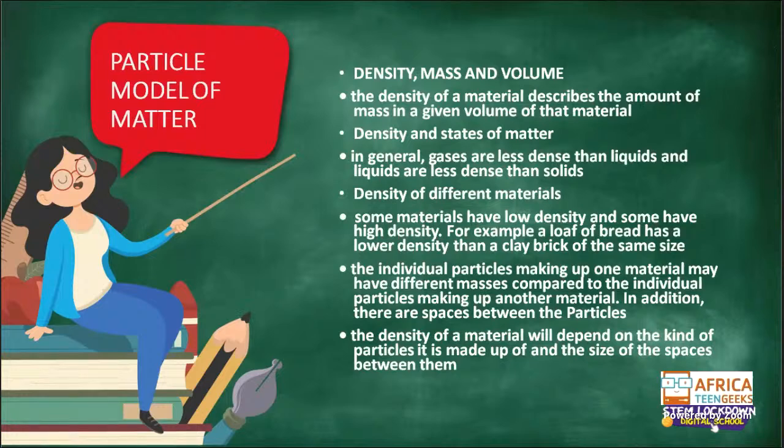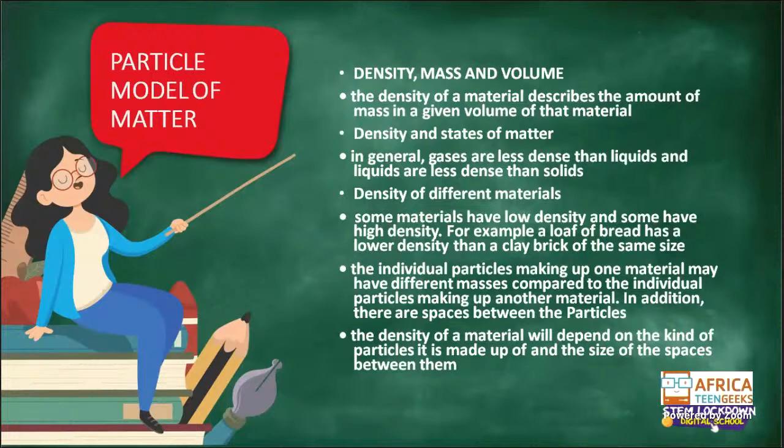Now let's look at the density of different materials. Some materials have low density and some have high density. So for example, if I have a stone or a metallic material, and I weigh it, compared to the same amount of water, you will see that the metal will be very, very heavy.